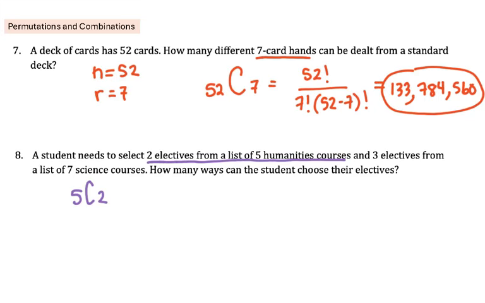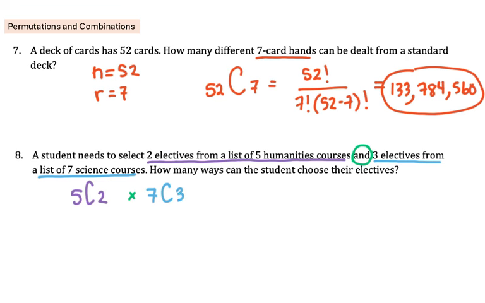So we have 5 to choose from. We're choosing 2 of them. And then it says this word, and. And remember, and in math usually means times. And then it says, and 3 electives from a list of 7 science courses. So we've got 7, and we're going to choose 3 of those.